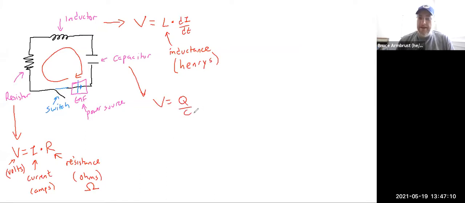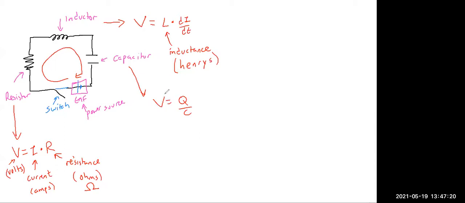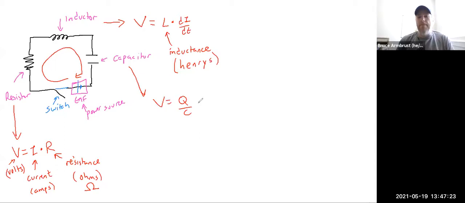When Jacob said Q equals V times C, that's the same thing. But I want to write it as V equals, since we're just looking for voltage drop. But again, good memory. Here, C is the capacitance, which again is the property of the capacitor. And Q is the charge of the capacitor.